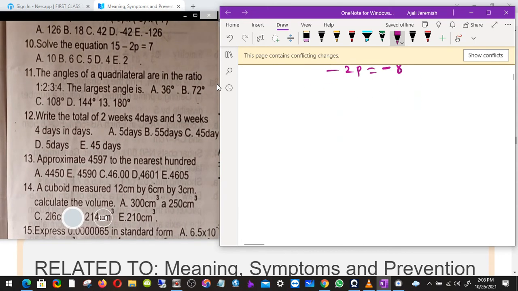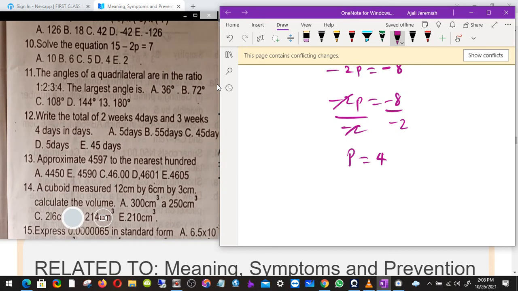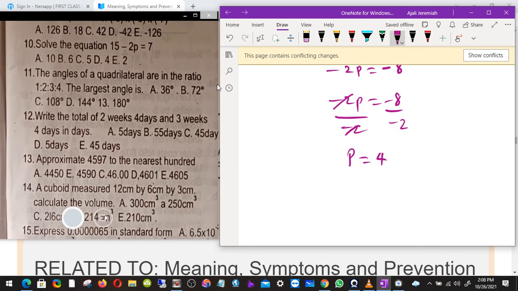So divide both sides by minus 2. Minus 2p is equal to minus 8. Minus 2 cancels minus 2. p is equal to 4, because minus cancels minus, 8 over 2 is 4. Are we there? Shift a little. Participate, Lawrence.